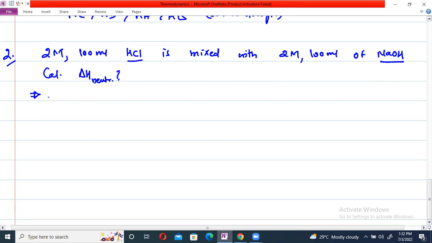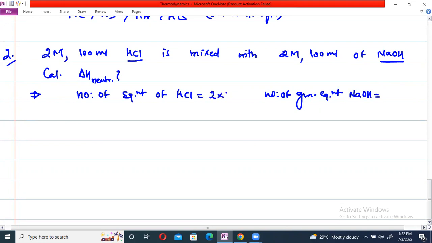How to get it? The first part, get the number of gram equivalent of HCl. Then get the number of gram equivalent of NaOH. HCl gram equivalent is 2 into 100 by 1000, because volume in ml by 1000. Here also 2 into volume in ml by 1000.